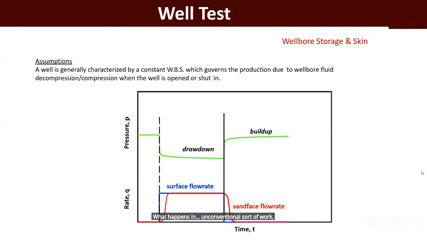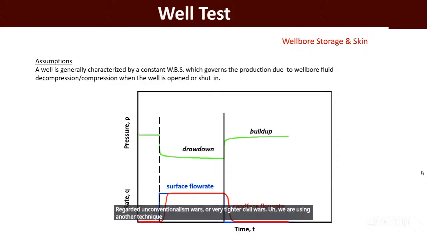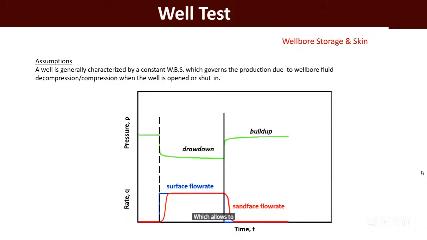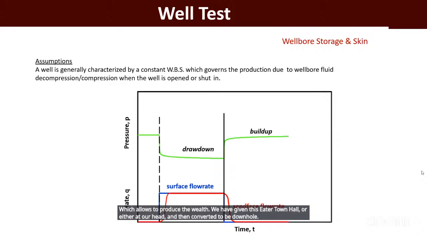Regarding the unconventional reservoirs or very tight reservoirs, we are using another technique which is called rate transient analysis, which allows us to produce the well. We have gauges either downhole or at the wellhead and then convert to downhole. From the rate transient analysis, they can obtain a lot of information about unconventional reservoirs.